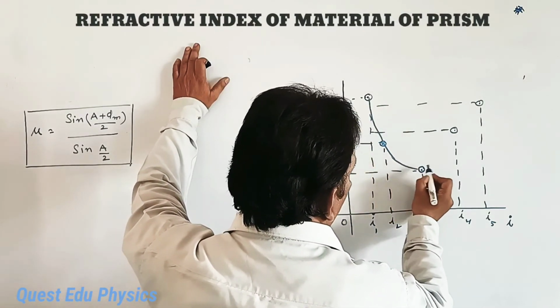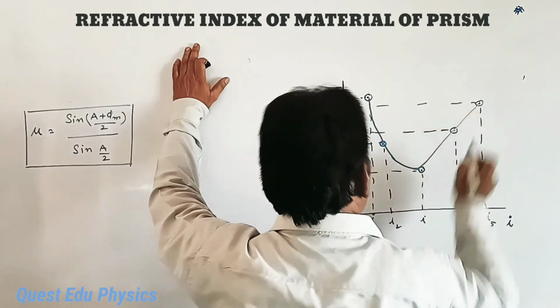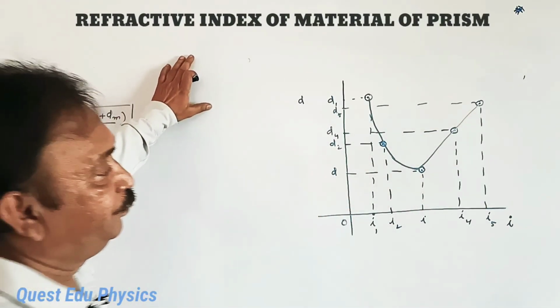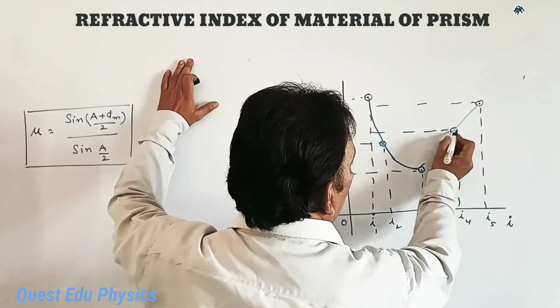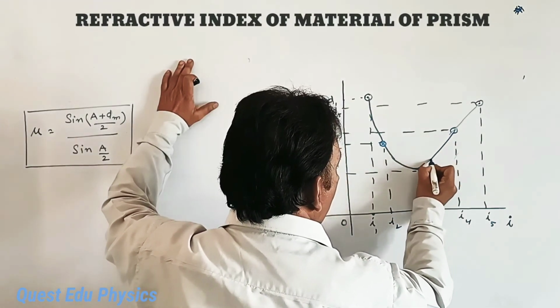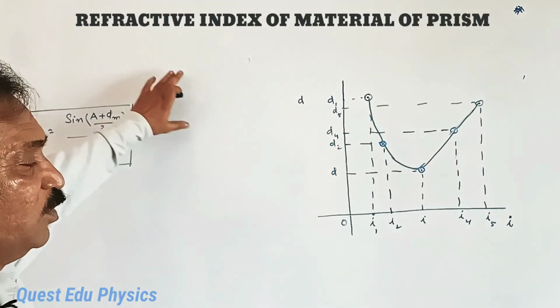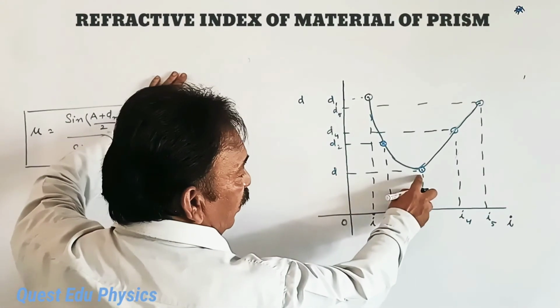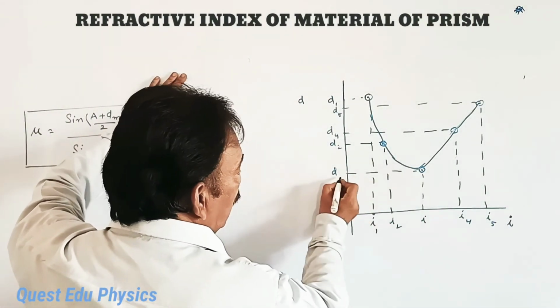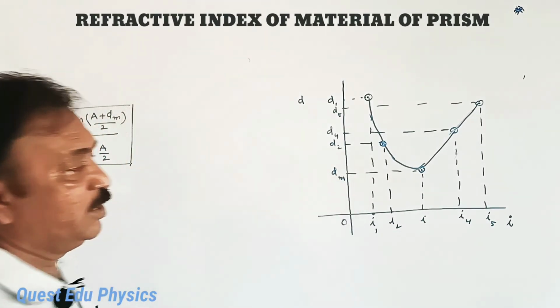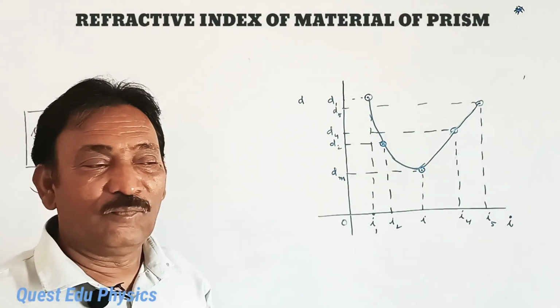It seems like a parabola, students. This curve is known as the i-d graph, students. Here, this point, where D has the least value, is known as the minimum deviation position, students.